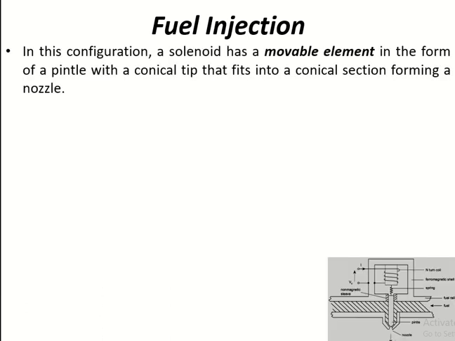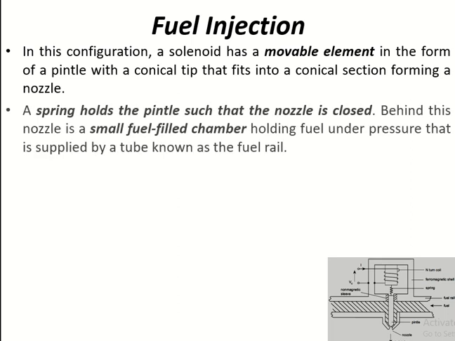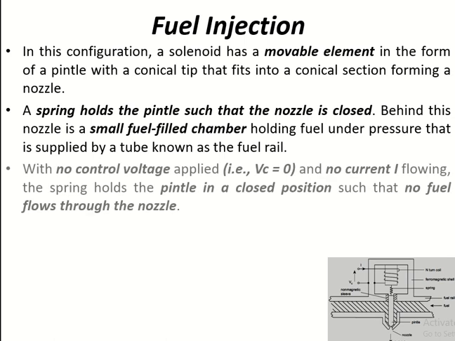In this configuration, a solenoid has a movable element in the form of a pintle with a conical tip that fits into a conical section forming a nozzle. A spring holds this pintle such that the nozzle is closed. Behind this nozzle is a small fuel-filled chamber holding fuel under pressure that is supplied by a tube known as the fuel rail.